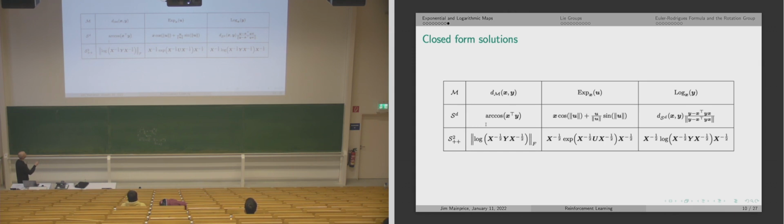And for the space of symmetric positive definite matrices, we have the exponential map, which is linked to the matrix exponential, and the logarithmic map, which is linked to the matrix logarithm. Okay, so I don't explain how we derive these quantities. We will come back to this.